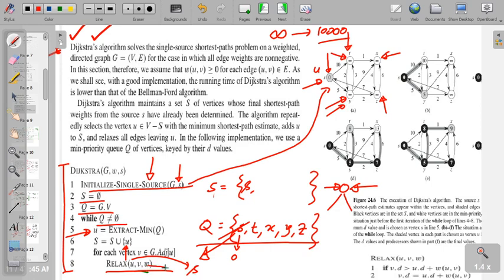And the weight of this UV is given. So first I am taking T. And you see the relax procedure, U is S, and what is V? Can you tell me? If I am taking this, which node will be V?